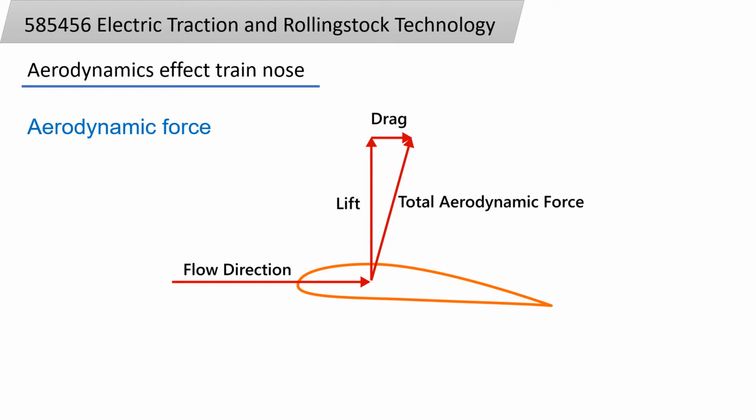And then we can get the total aerodynamic force, which is the combined vector of lift and drag. So the engineer has to consider the aerodynamic force in designing the train and the nose of the train. Next we will see the introduction.